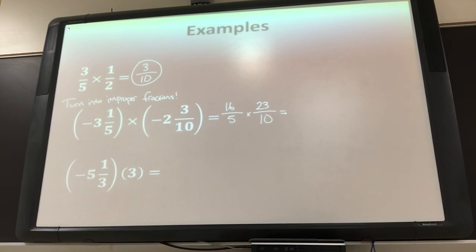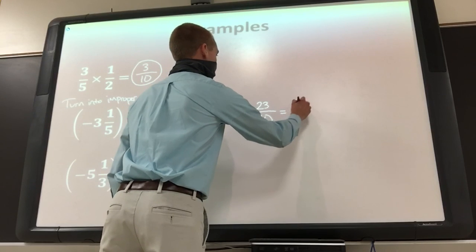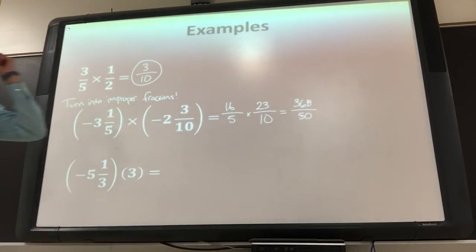All right, so 16 times 23, you said it was 368 over 50. So do we need to simplify 368 over 50?